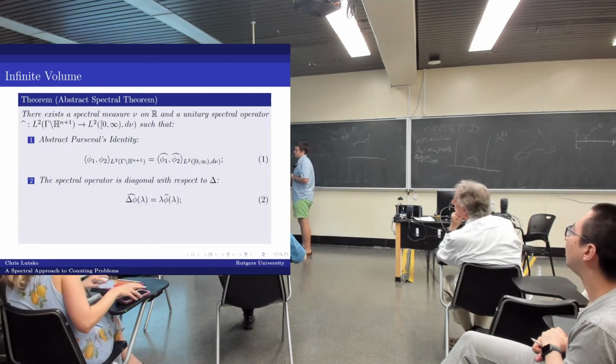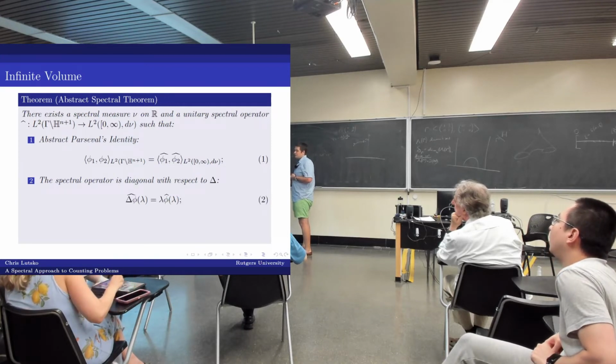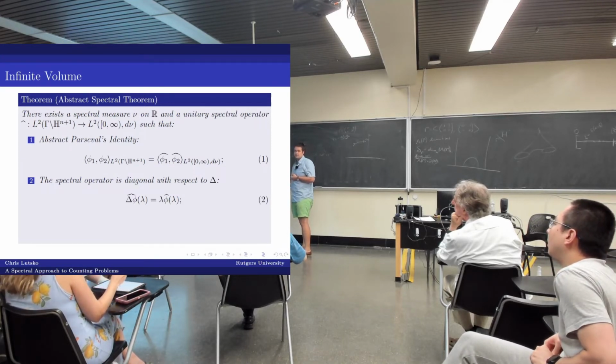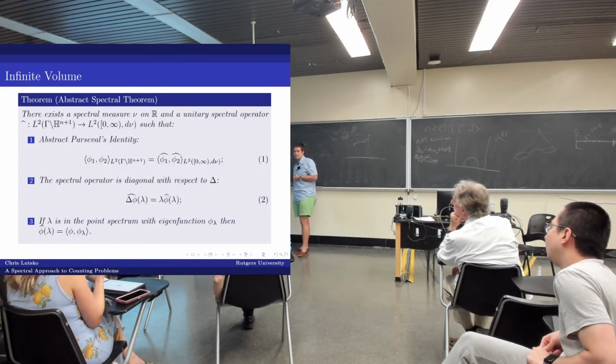And if you have a discrete eigenvalue with eigenfunction e lambda, then we know what the spectral transform is at that discrete eigenvalue. It's just the inner product of p with this eigenfunction.